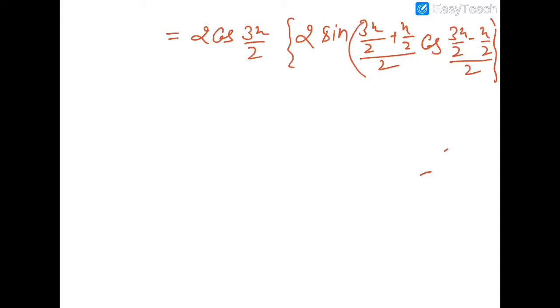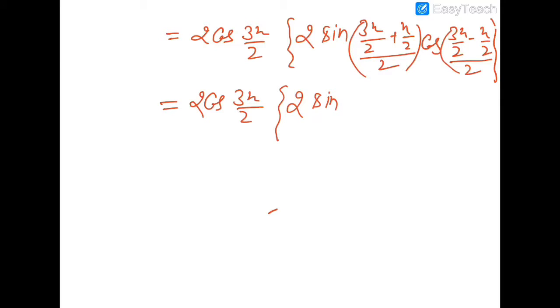Then you get 2 cos 3x by 2, and 2 sine of 4x by 2, which is 2x by 2, and cos of 2x by 2, which is x by 2.